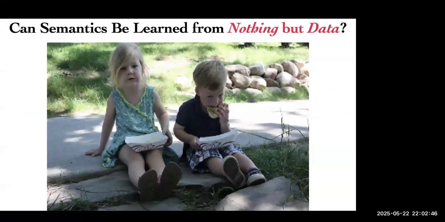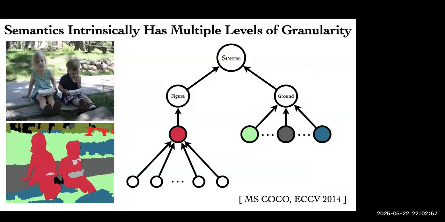Okay. So when we work on semantics for segmentation, we have to think about, can semantics be learned from nothing but data for this image? Semantics intrinsically has multiple levels of granularity. This image is actually a true instance in MS COCO.